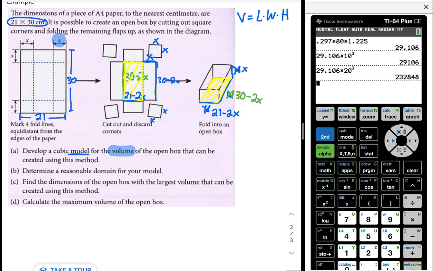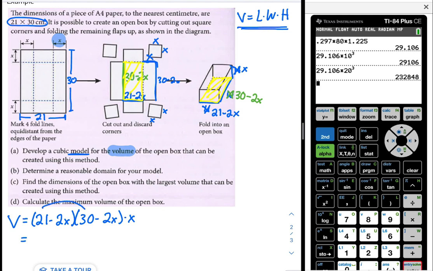So now I'm in a good position to write down what the volume of my shape is. I'm going to write it at the bottom so I have more space. So the volume is going to be 21 minus 2x times 30 minus 2x times x itself. I can expand this, and if I expand this, I can make sure that I FOIL, right?